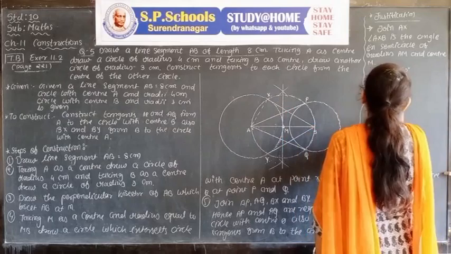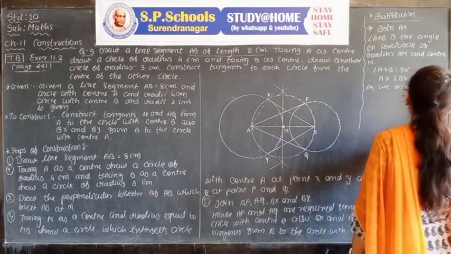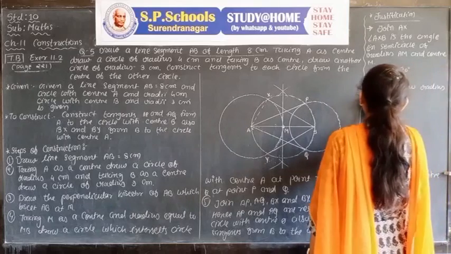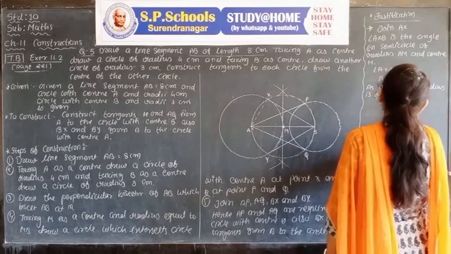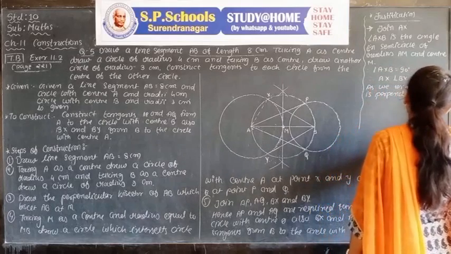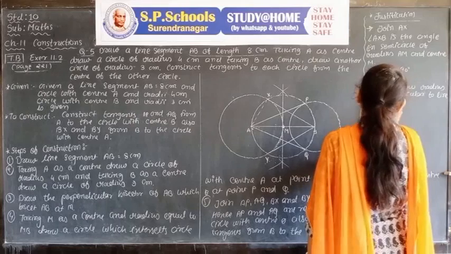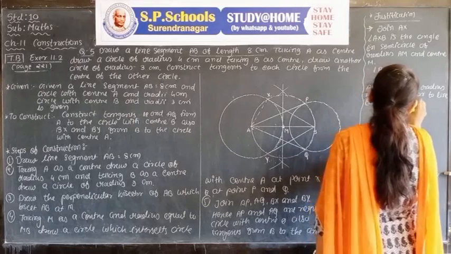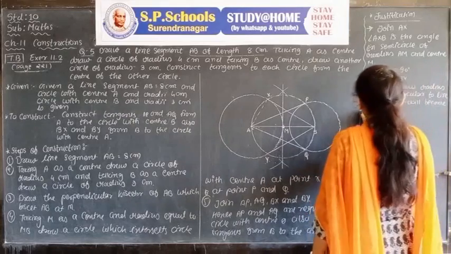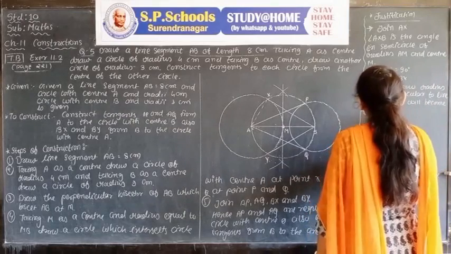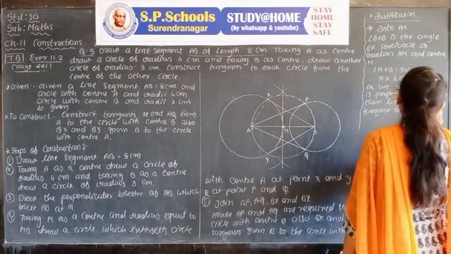As we know, a radius perpendicular to a line means the line will become a tangent to the circle.